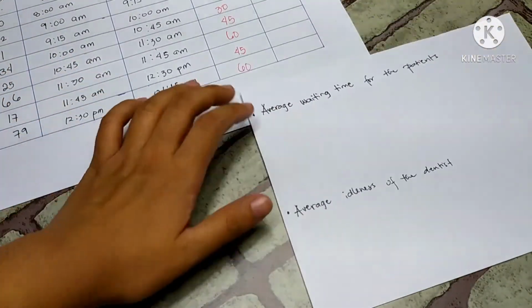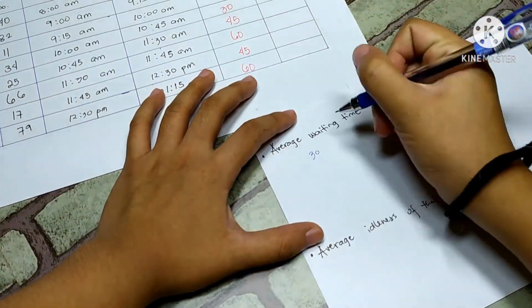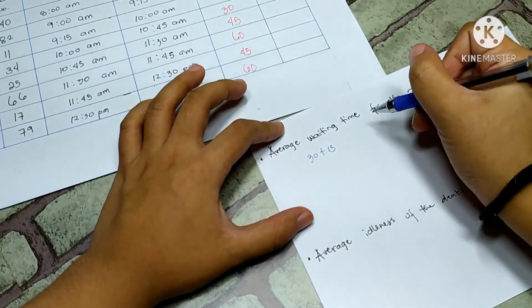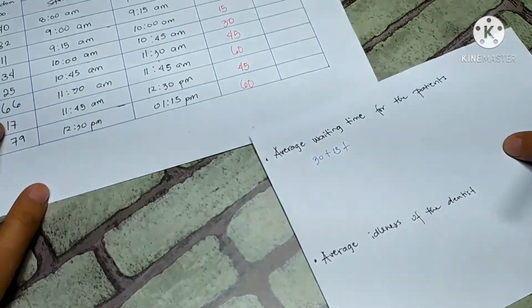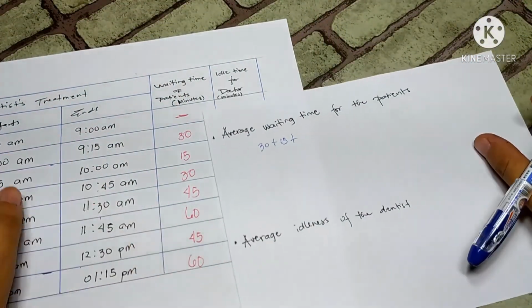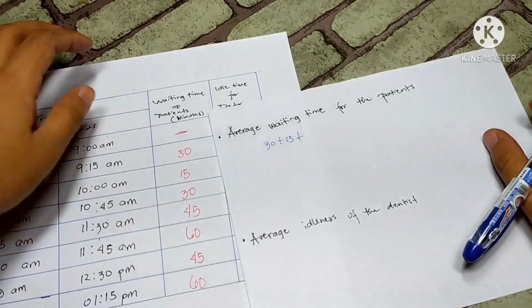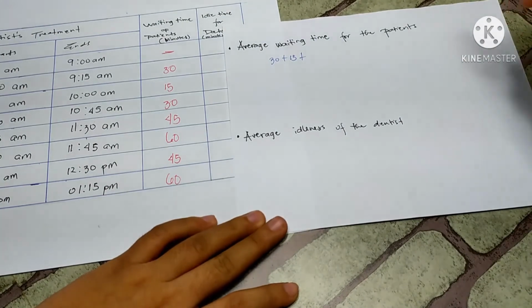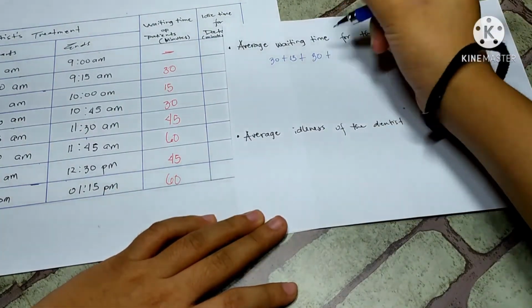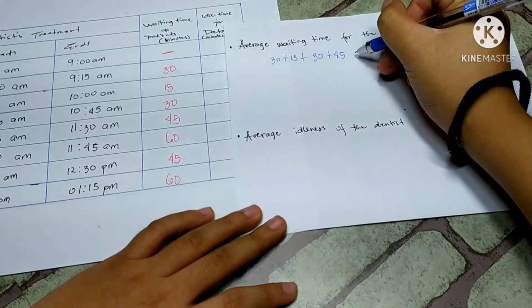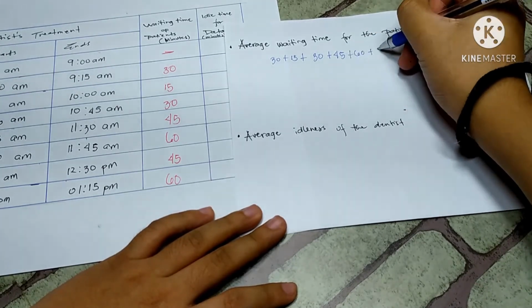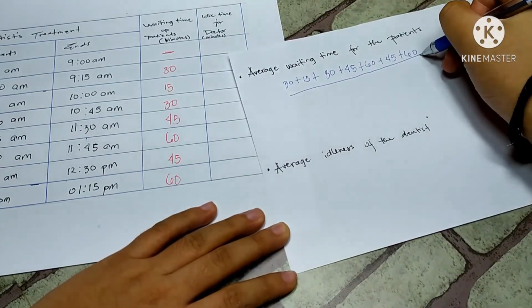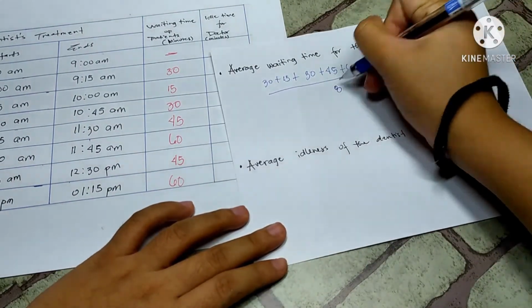So, 30 plus 15 plus 30 plus 45 plus 60 plus 45 plus 60, divided by total of patients. So 8.